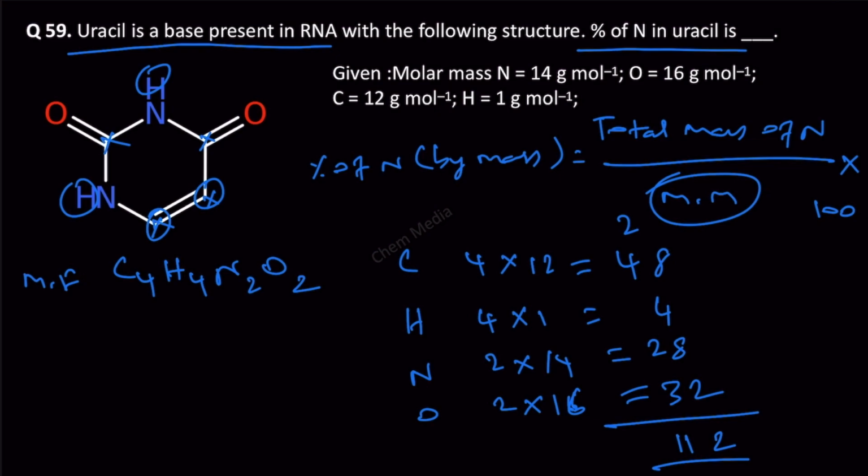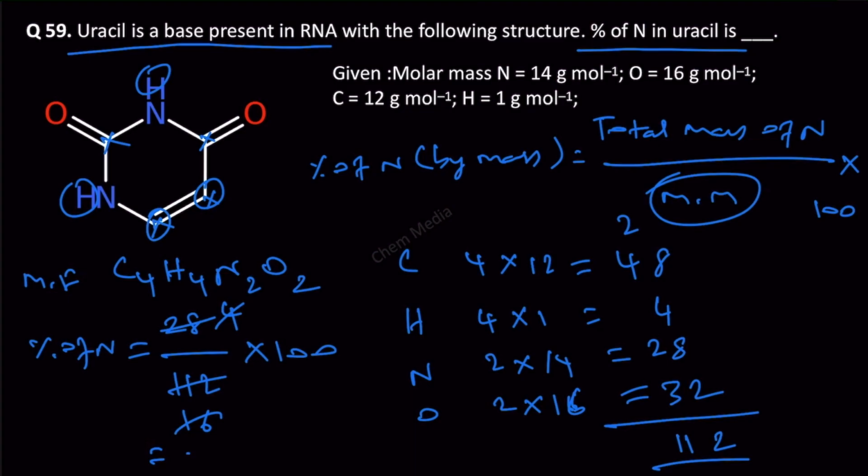This means percentage of nitrogen is equal to total mass of nitrogen. We have 2 nitrogen atoms, so therefore 28 divided by 112 times 100. So this will be 4 times 7, and then 1 times 7, so basically this is 1 by 4. 1 by 4 means 0.25. So 0.25 times 100, that is equal to 25%. Therefore 25 is the correct answer.